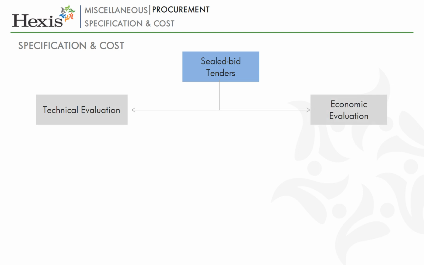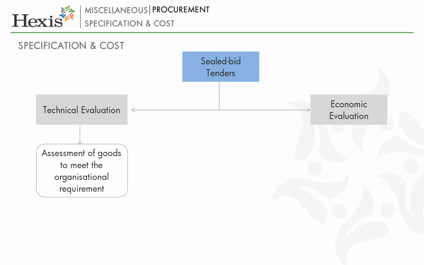Let us understand the concepts of technical and economic evaluations. For sealed bid tenders, technical and economic evaluations underpin competitive integrity, representing crucial steps in the procurement process. Technical evaluations involve an assessment of whether the specifications of a good or service offered by a potential vendor meet the organization's requirements.